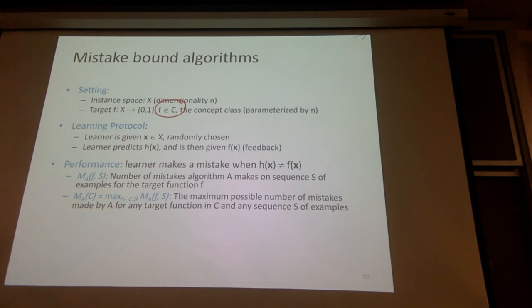By any, what I mean is there's an adversary at play. The adversary chooses the hardest function and the hardest sequence of examples, and M_A(C) is the number of mistakes made on that particular sequence for that function. Questions?